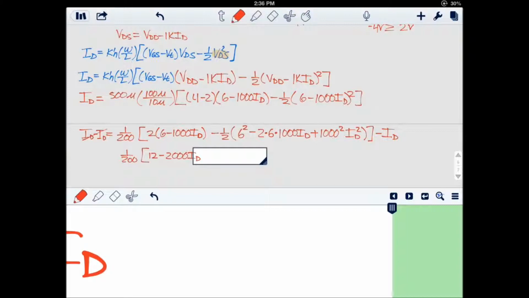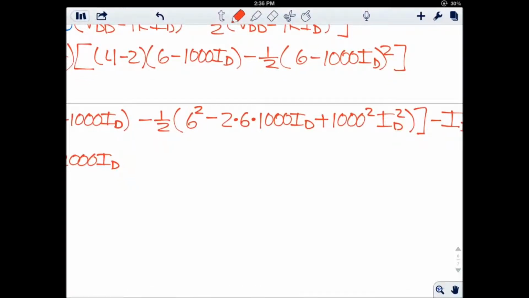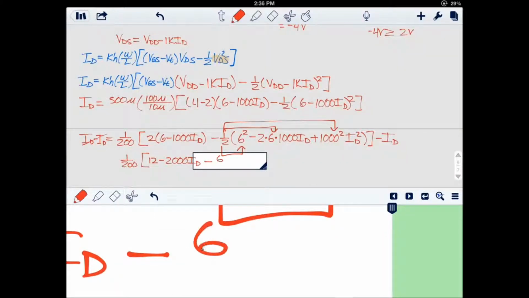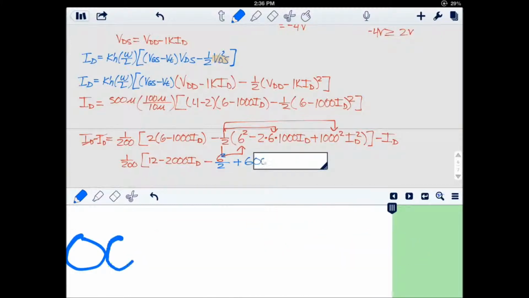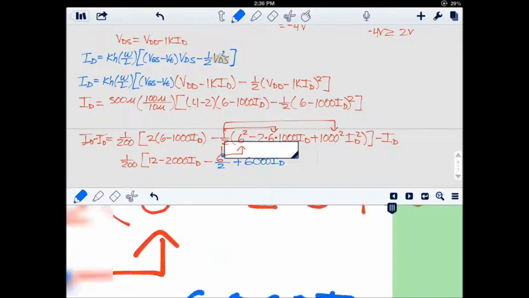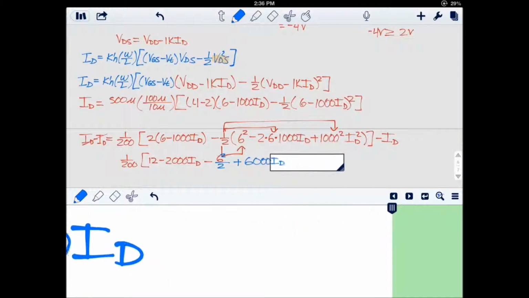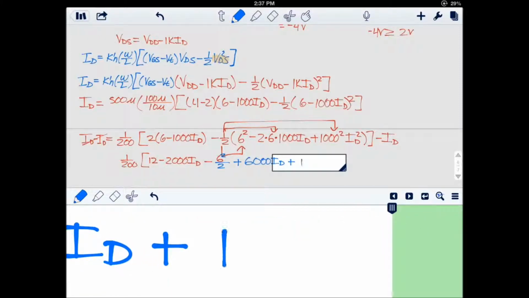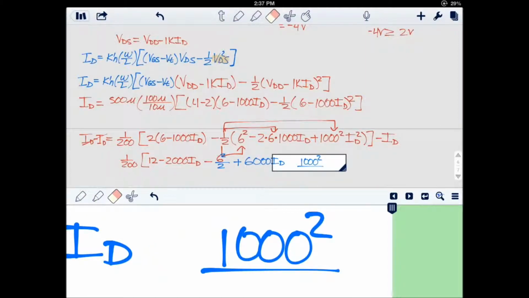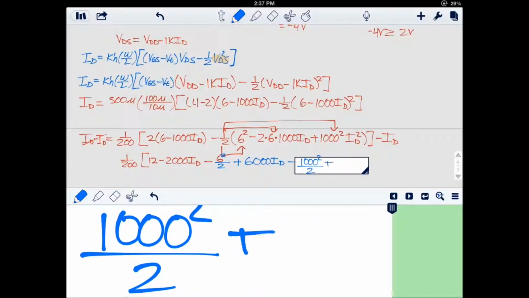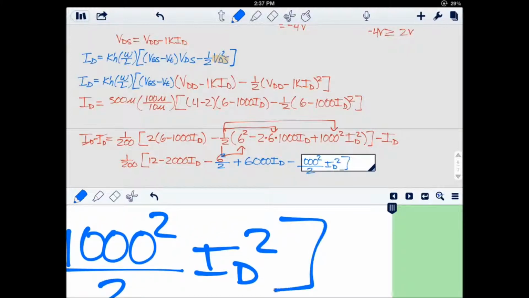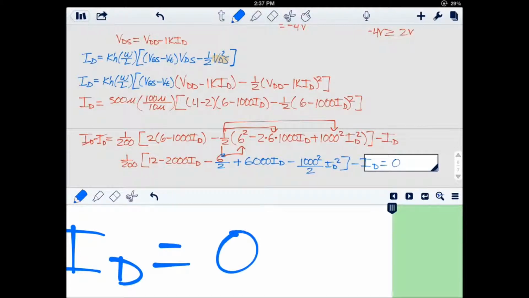And here we have this times this, this times this, and this times this: negative 6 squared plus 6,000 ID, because the 2 cancels with this 2, plus negative ID. We're going to set everything equal to 0.